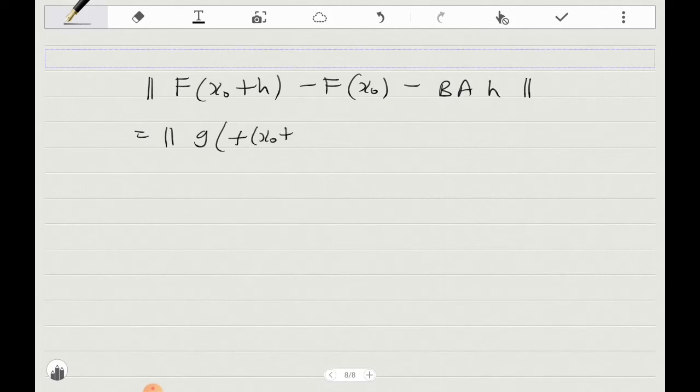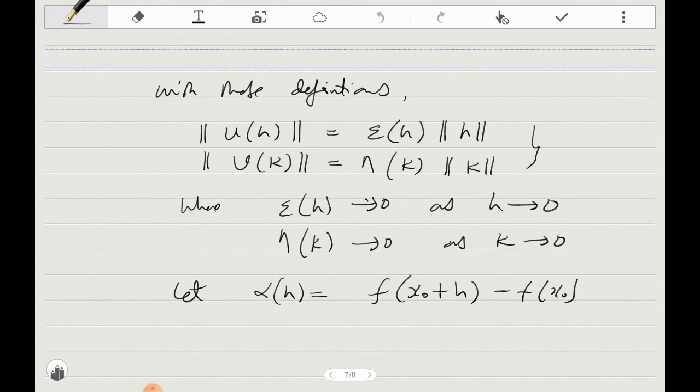Here, I'll use this definition of alpha of h. F of x naught plus h I'll write as g of f of x naught plus alpha of h. In fact, I might as well use the y naught notation.